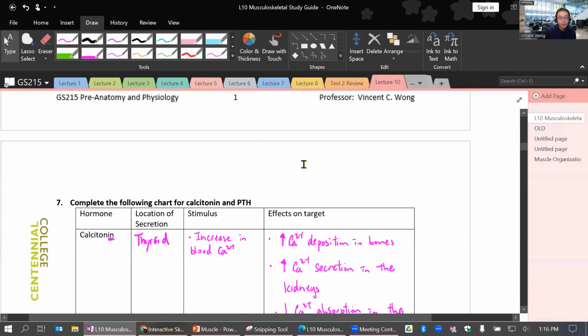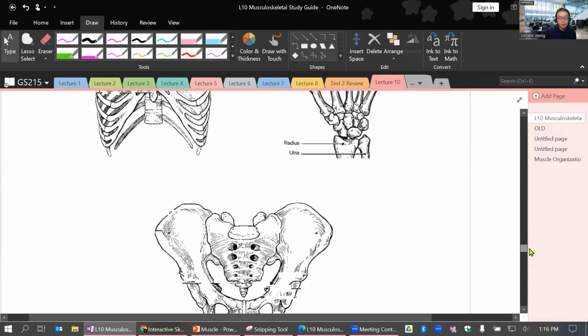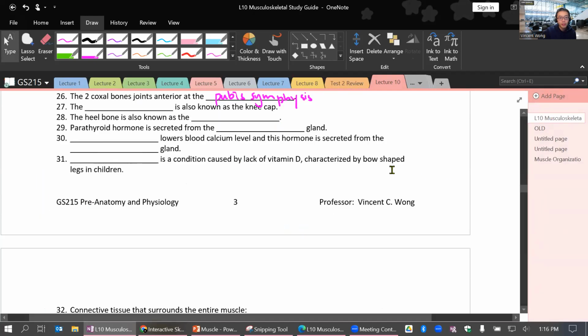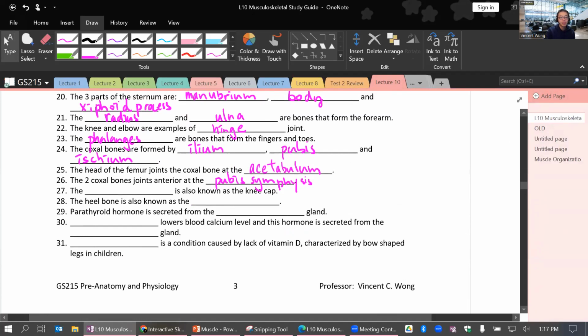Okay, next, what do we have next? All right, the kneecap. That would be the patella. The patella is special because it's a bone that's embedded within a ligament. A ligament connects a bone and a bone, right?